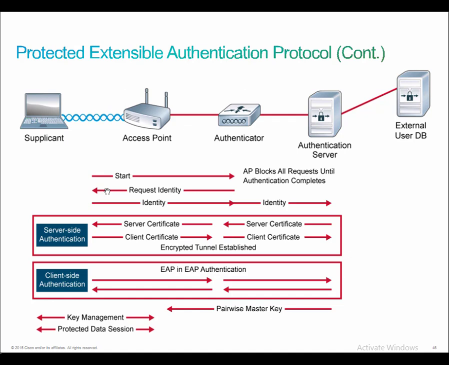The AP returns a request for the client's identity. So far, everything looks essentially identical, right? The initial handshake between the client and the AP really looks exactly the same as EAP-TLS. That's why if somebody is monitoring these transactions, it's going to look essentially the same. All right?